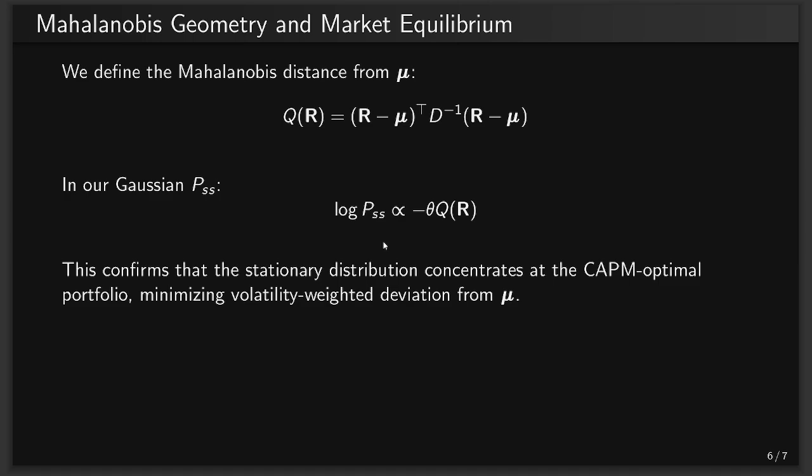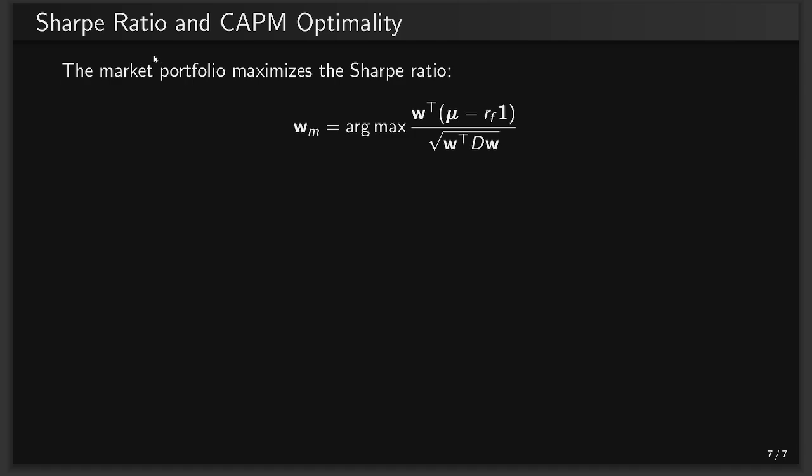And so this basically confirms that the stationary distribution concentrates at the capital asset pricing optimal portfolio, and that's a really interesting result. The market portfolio maximizes the Sharpe ratio here.